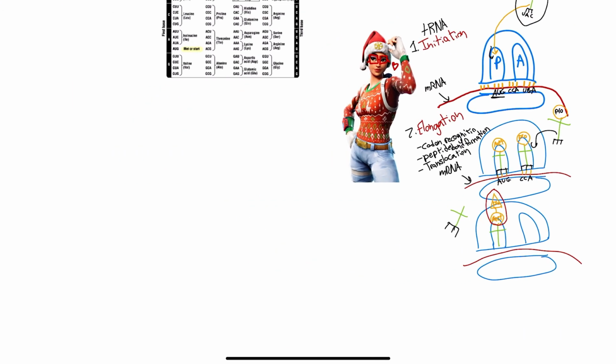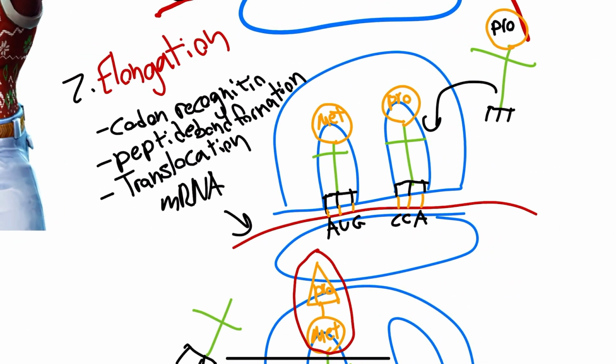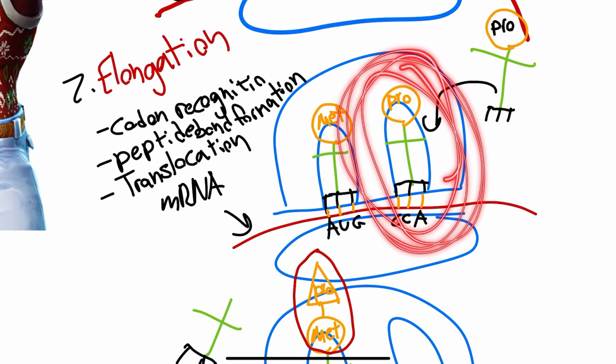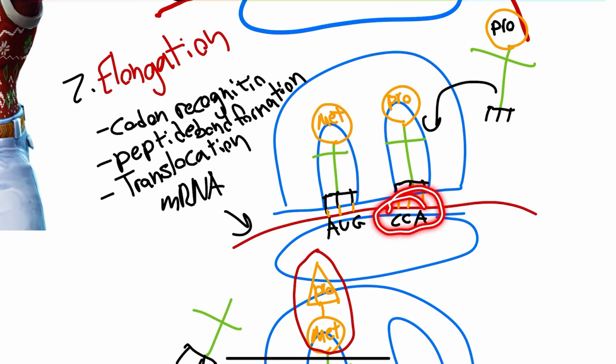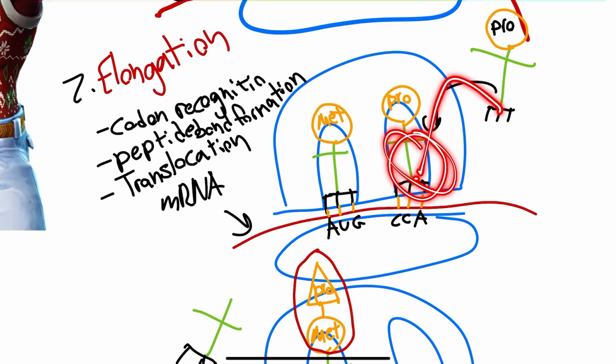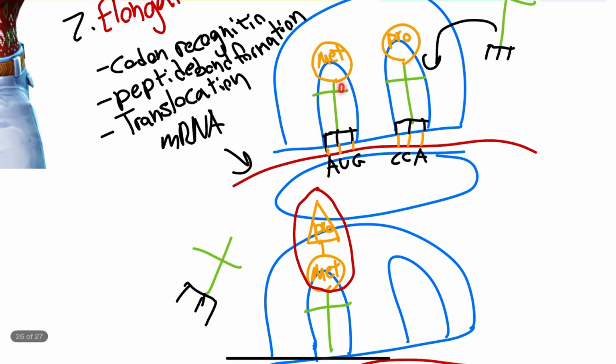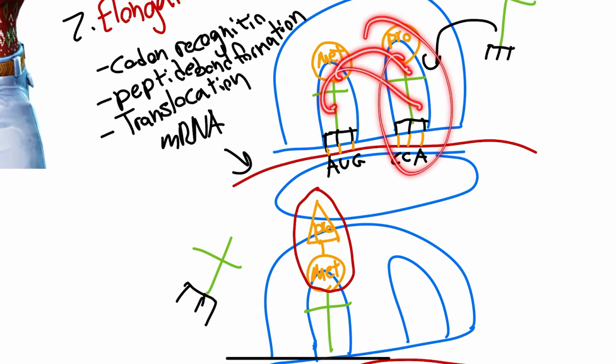So that is what happens in elongation. The A site, let's use this one, it's more fun. The A site recognizes the next codon. It tells the tRNA, yo, bring us proline. You're going to be next in the sequence. We need you here. So this brings proline, and then this guy attaches here, and this moves on over here.